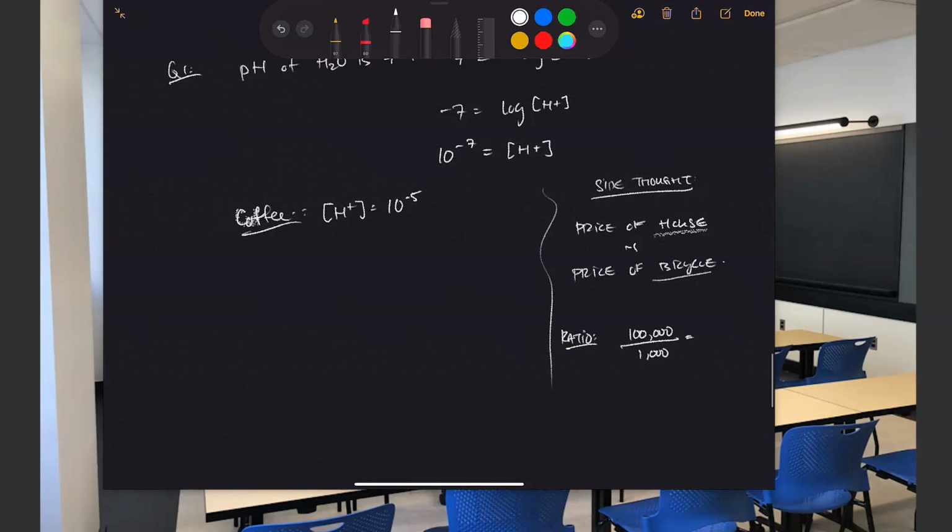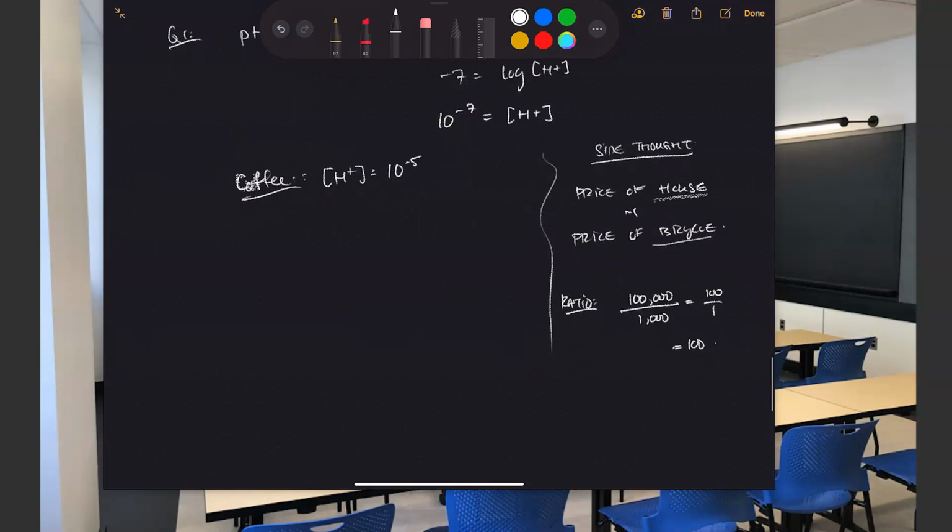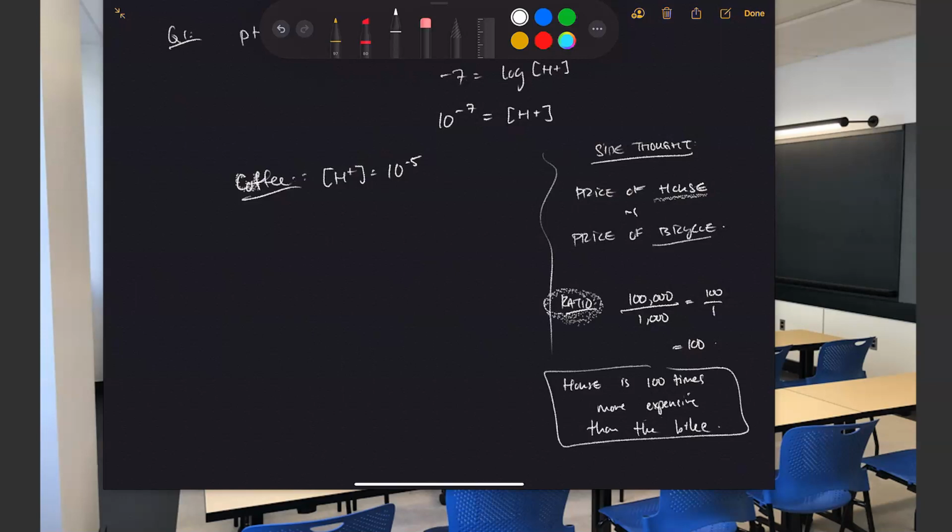And what do we get? We get 100 over 1, or just 100. So we'd say that the house is 100 times more expensive than the bike. So use this idea of a ratio.